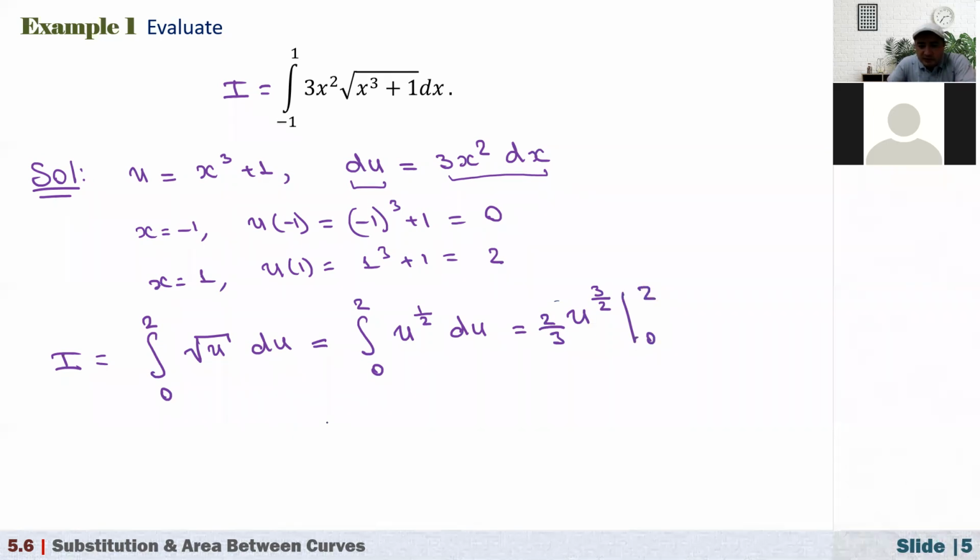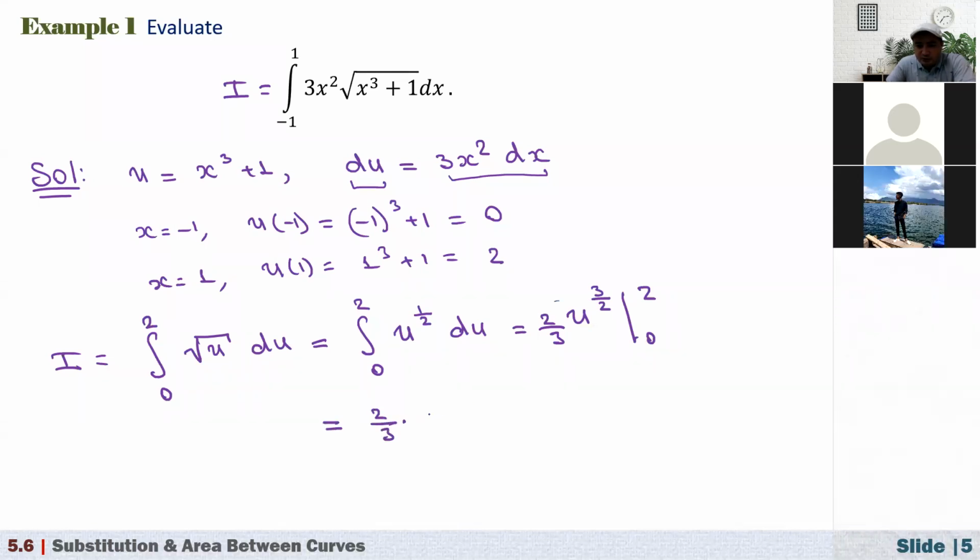When it is 2, that thing is equal to 2/3 times 2 to the power of 3/2, which is equal to the square root of 8, right? That is 2 times the square root of 2. So that is 4 times the square root of 2 over 3. So this definite integral is equal to 4 times the square root of 2 over 3.